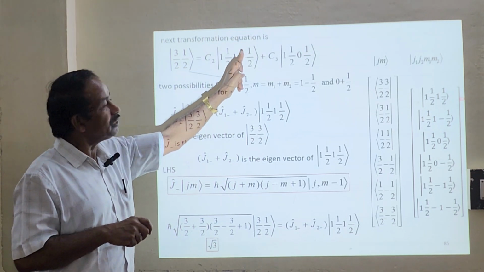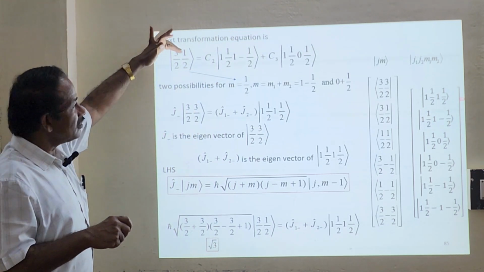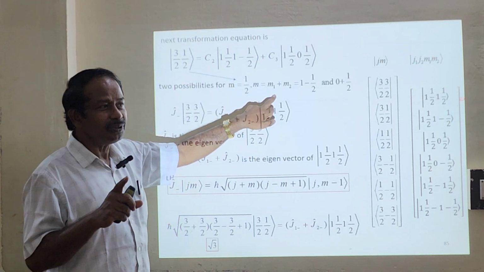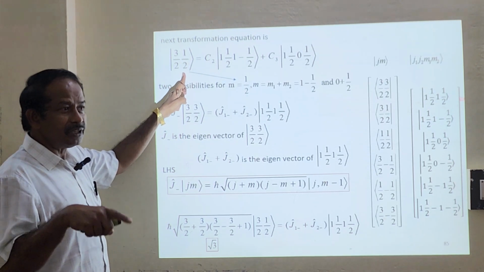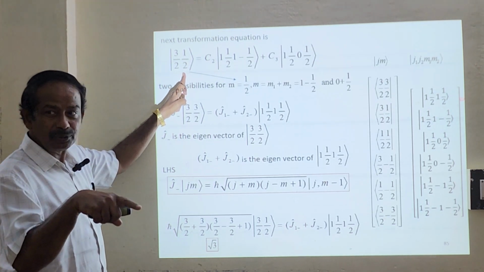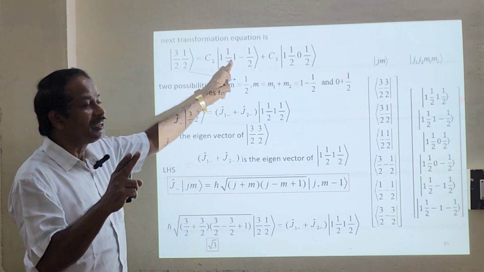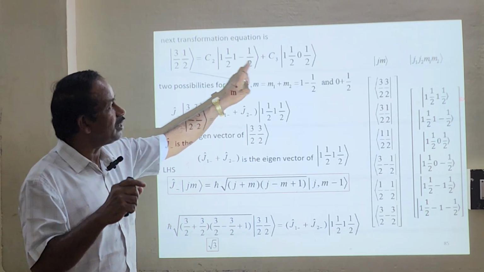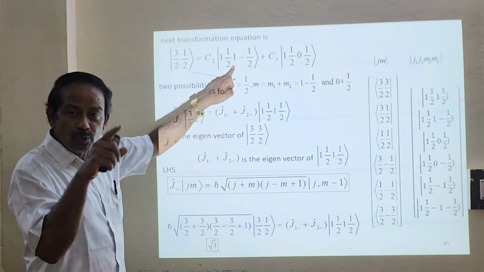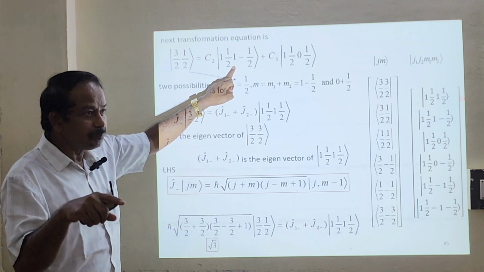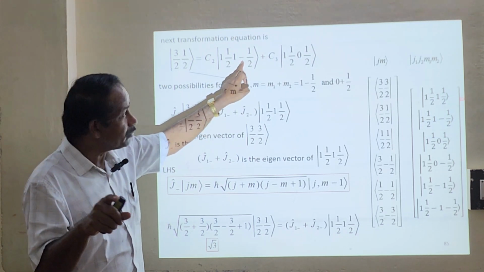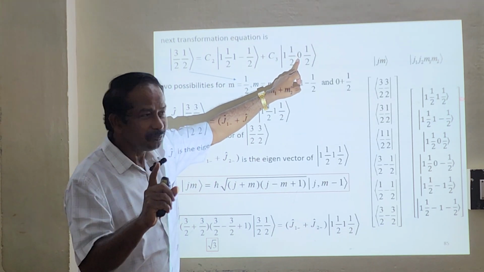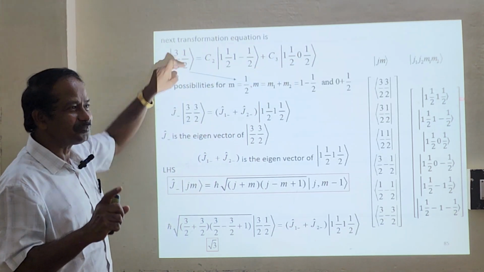This will be your M1, that will be your M2, and this will be your M. What is the selection rule? M equals M1 plus M2. To have M as 1/2, we can have two possibilities. 1 minus 1/2 will give you 1/2. 0 plus 1/2 will give you 1/2. See, we have 1/2.